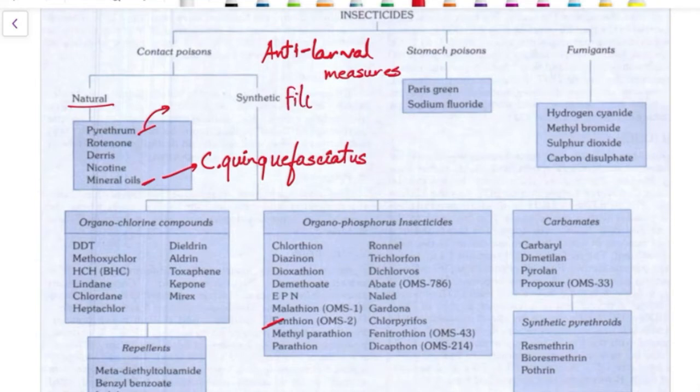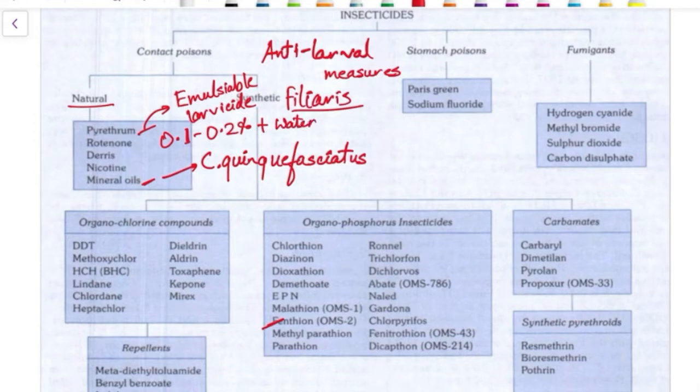Now we are talking about filariasis control. Pyrethrum is used as an emulsifiable larvicide. A concentration of 0.1 to 0.2% is diluted with water, and the emulsion is diluted at the ratio of 1:4.